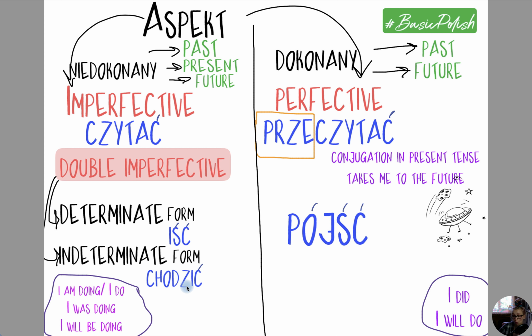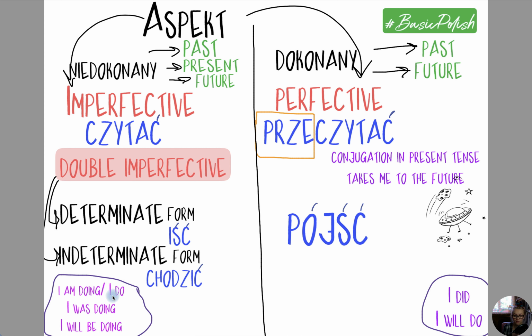Chodzę do sklepu. I go in order to get shopping done. Okay? So idę na siłownię means I'm going to the gym right now. Chodzę na siłownię means I go to the gym regularly. So in other words, this difference, I am doing something and I do, for double imperfectives is specified by the determinate form and the indeterminate form.